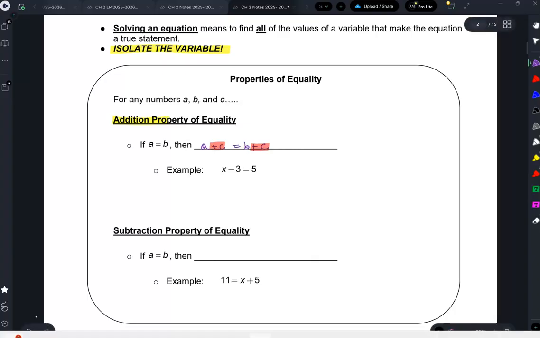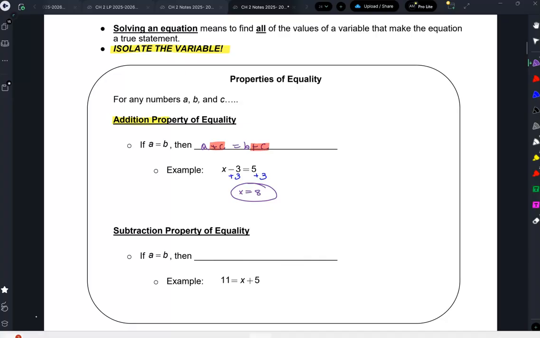Meaning, if you have something like this, something equals something else, to solve this, I do plus 3 plus 3. The point is, you are allowed to add the same number to both sides, so I get x equals 8, right? We are allowed to do this because the addition property of equality allows us to do it.